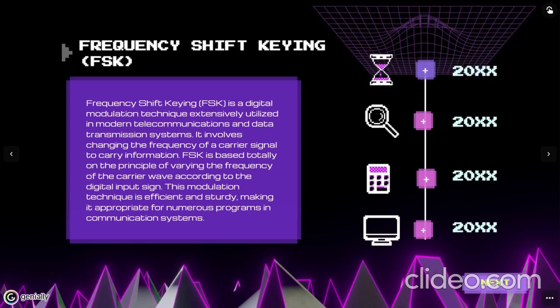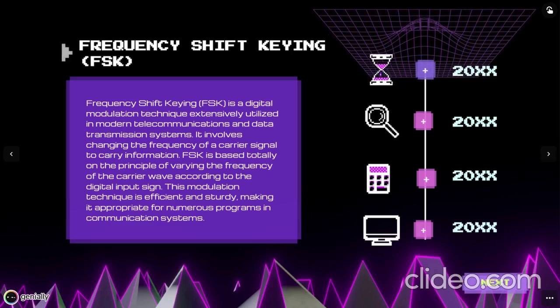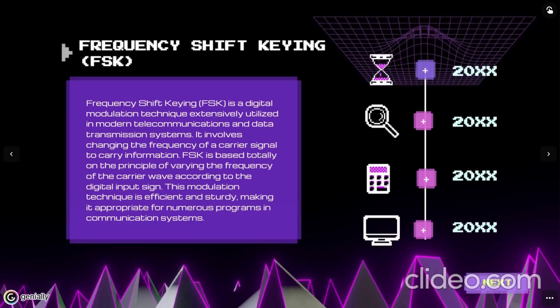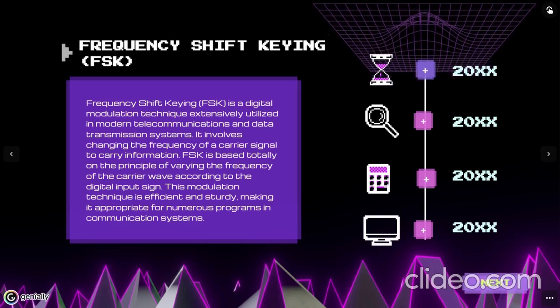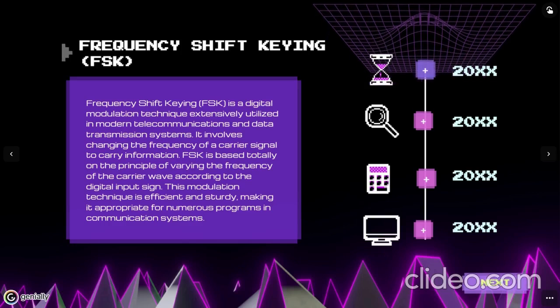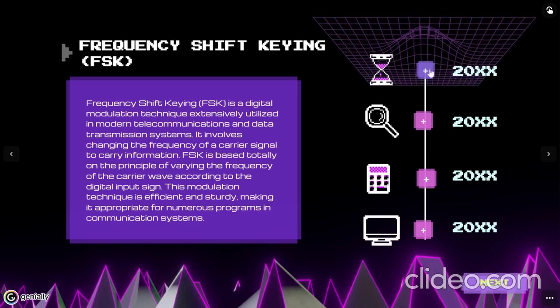It involves changing the frequency of a carrier signal to carry information. FSK is based on the principle of varying the frequency of the carrier wave according to the digital input signal. This modulation technique is efficient and sturdy, making it appropriate for numerous applications in communication systems.